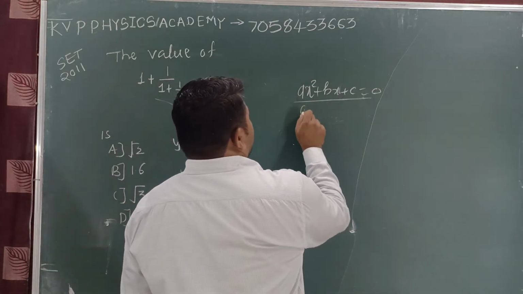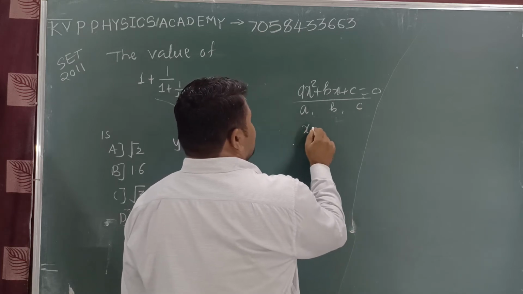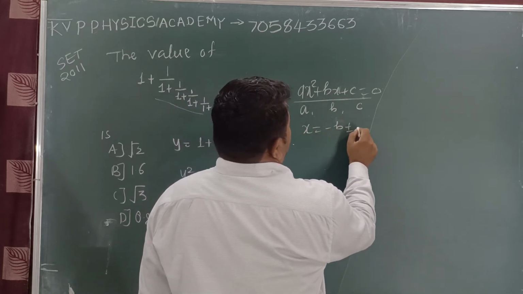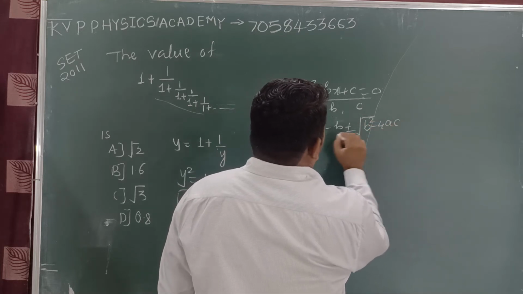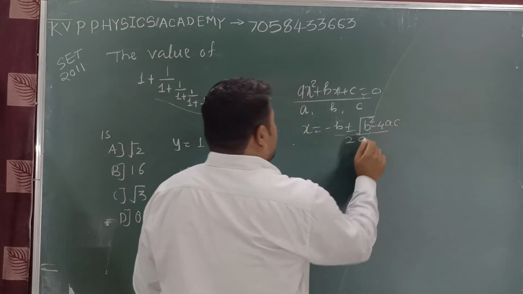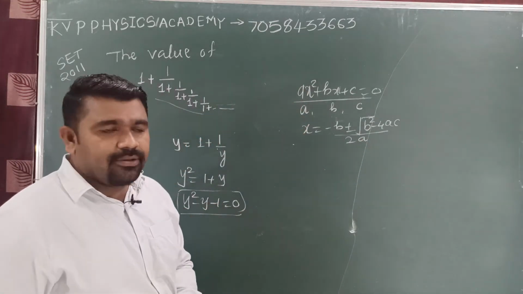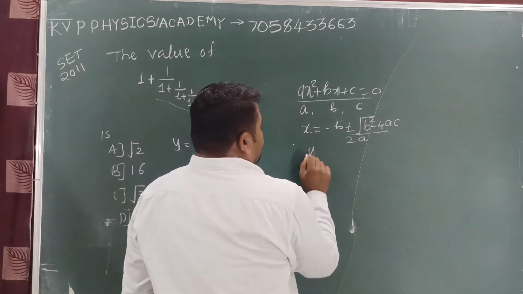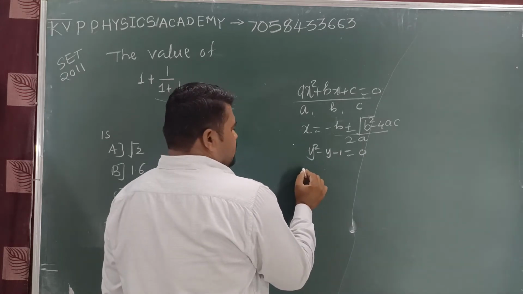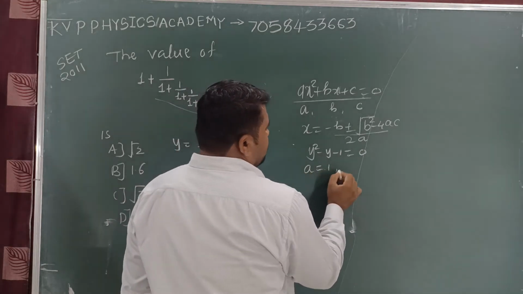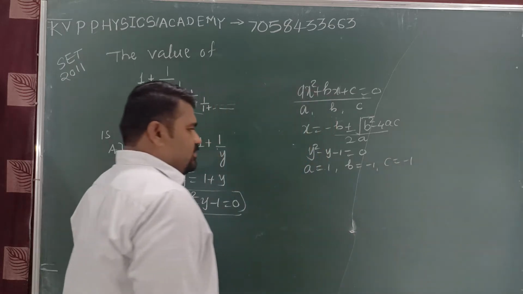We can find out the a value, b value and c value, then the value of x. x is equal to minus b plus or minus under root b square minus 4ac, upon 2a. This is the roots of the quadratic equation. Now our equation is y square minus y minus 1 is equal to 0, so a is equal to 1, b is equal to minus 1 and c is equal to minus 1.